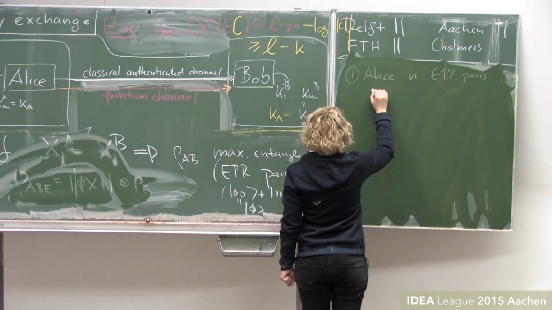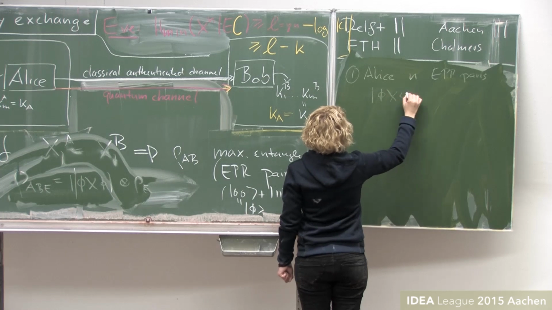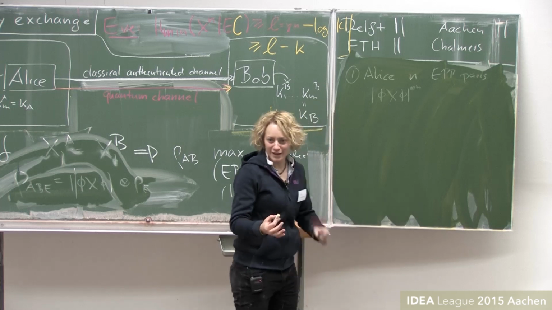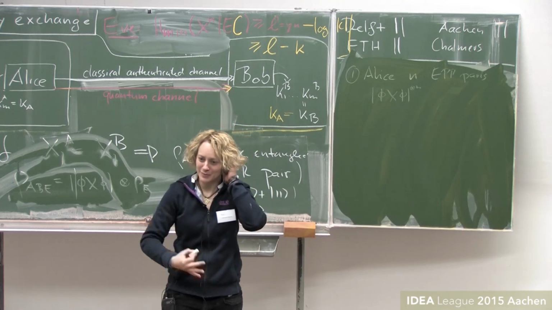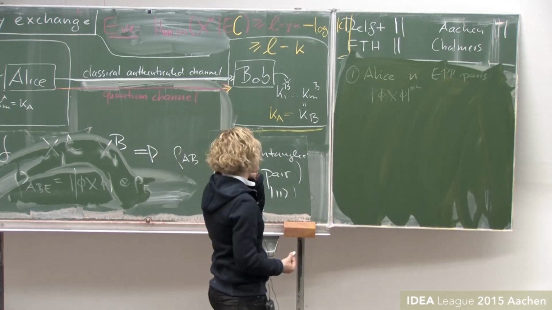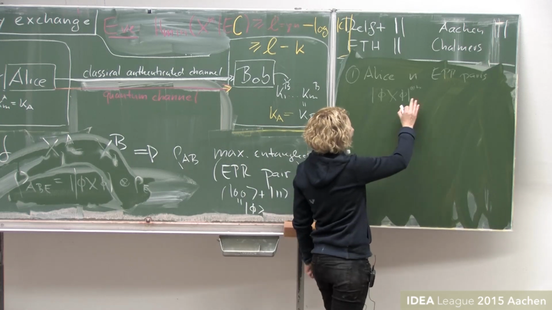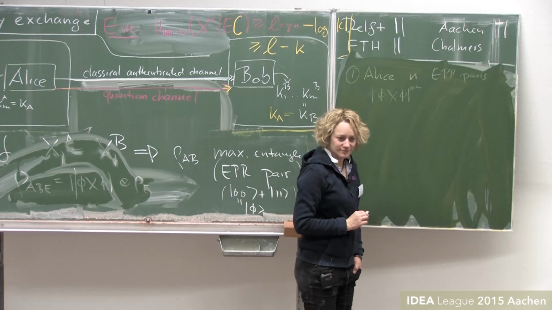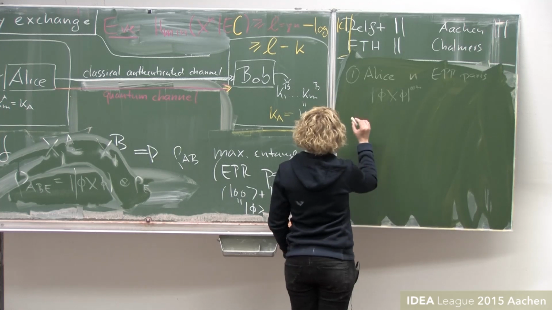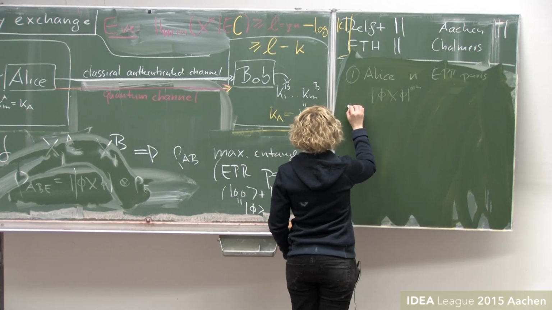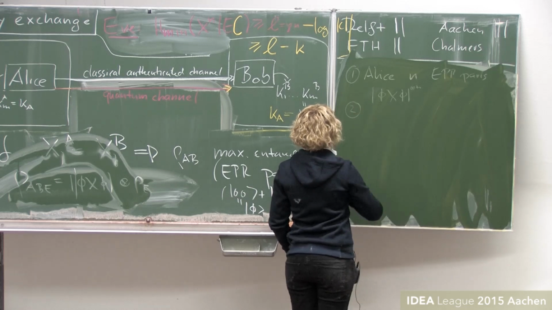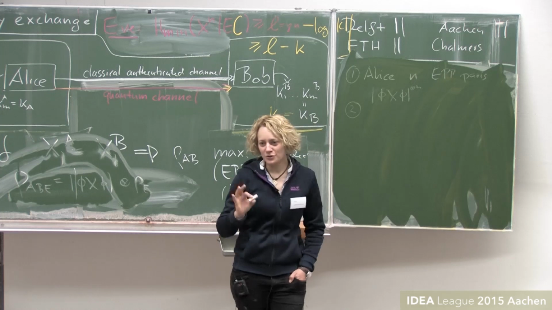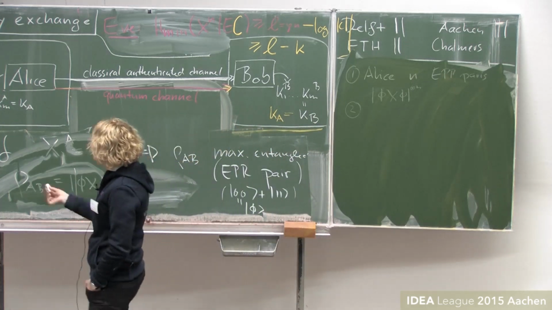So Alice prepares n of them. Of course, in actual implementation, you do one after the other, but I'm just going to say she prepares n of them. And she's always going to send the second one to Bob. Now Alice is going to measure, and she's going to make a measurement in one of these bases.